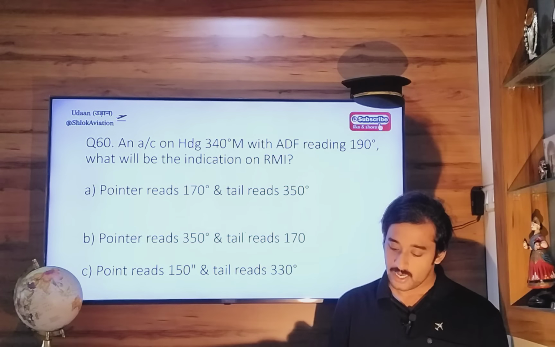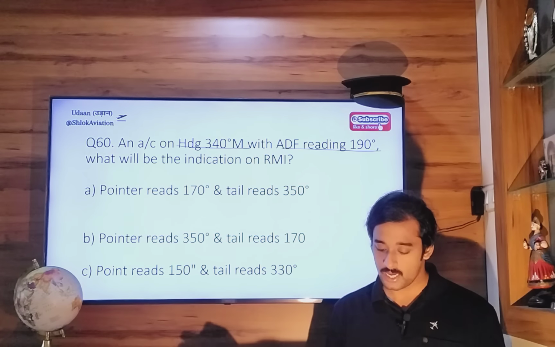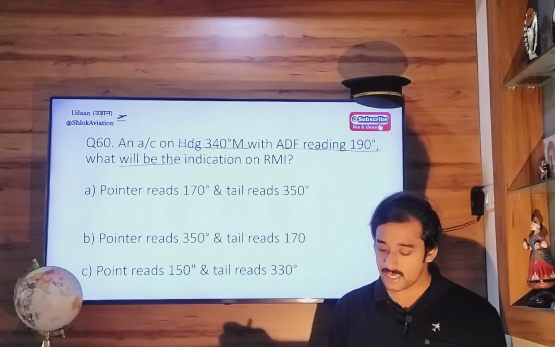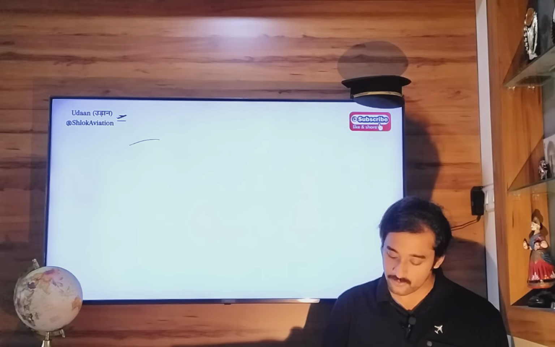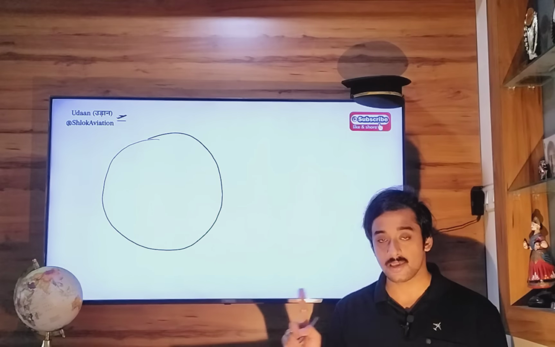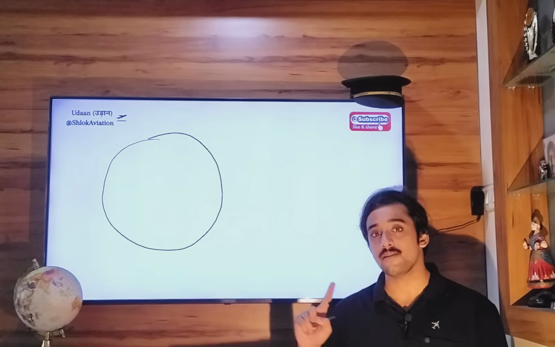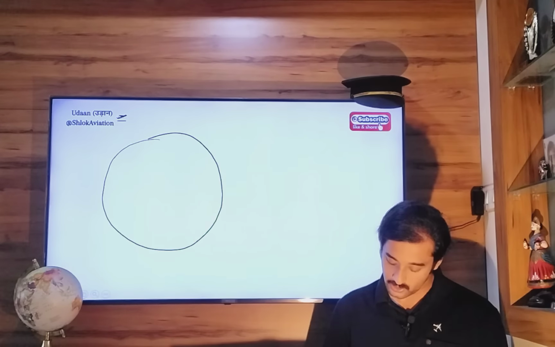Next, aircraft is on a heading of 340 magnetic, ADF reading 190. What will be the indication on RMI? So RMI gives you three pieces of information: magnetic heading, QDM to the VOR station, and QDM to the NDB station. So here the magnetic heading is 340.